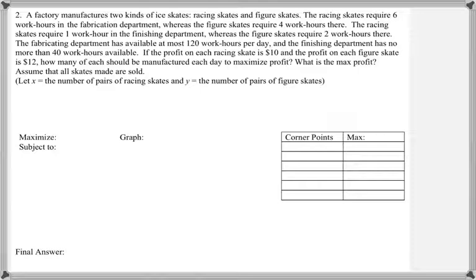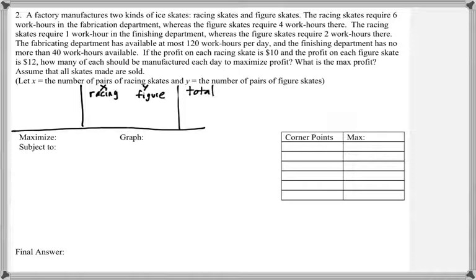So we have a lot of information here. So I'm going to set up our table, and X is the number of pairs of racing skates, Y is the figure skates, and then we have the totals column.